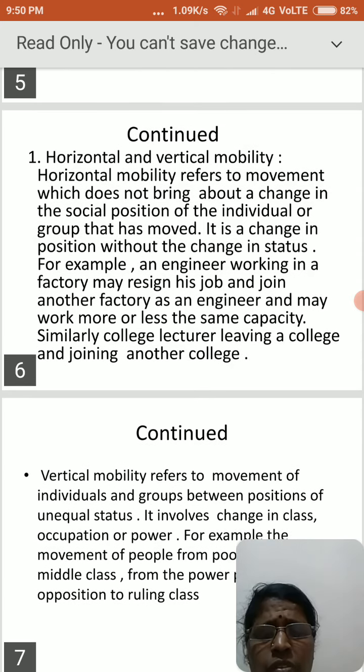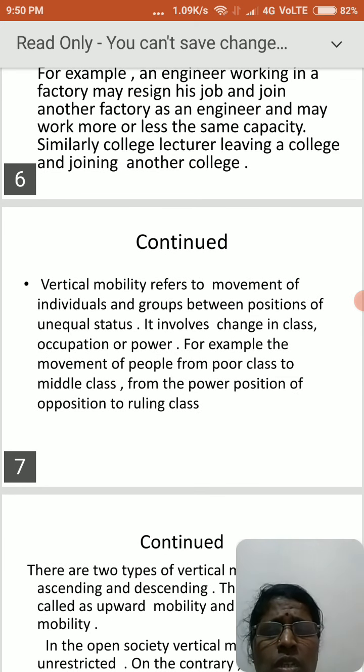On the other hand, vertical mobility refers to the movement of individuals or groups between positions of unequal status, and it involves changes in class, occupation, or power. For example, the movement of people from the poor class to the middle class, and from the lower position of opposition to the ruling class.